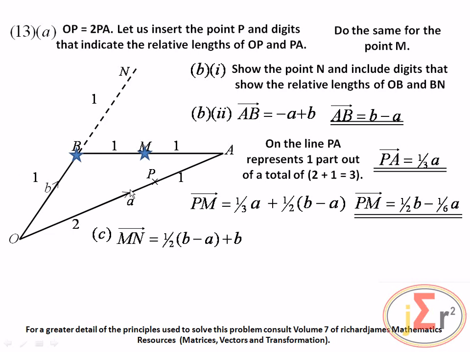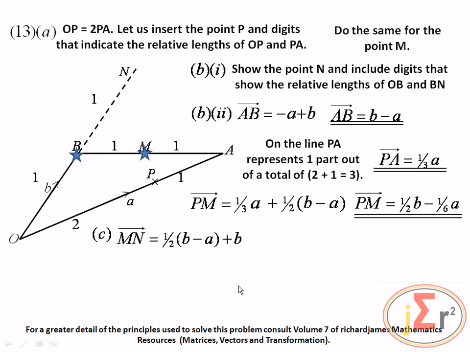MN is equal to a half of AB plus b, because we have A to B, but M is halfway.